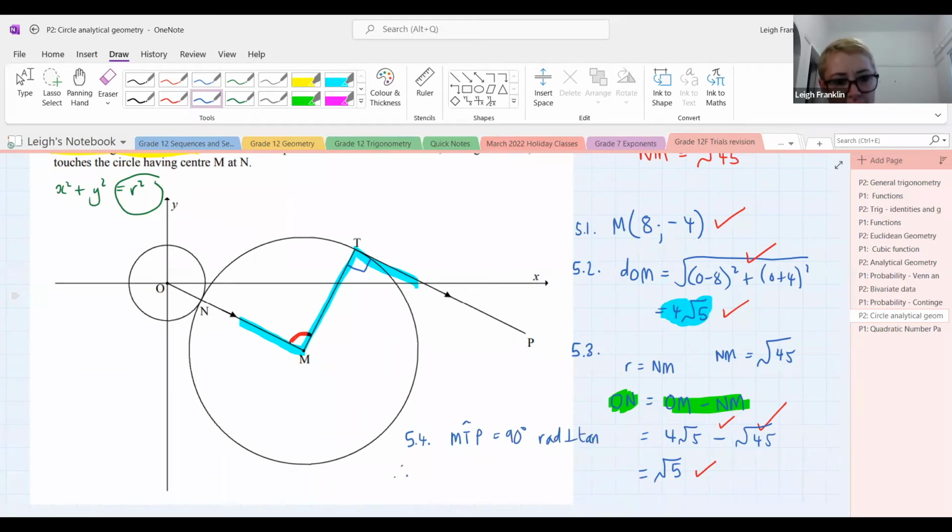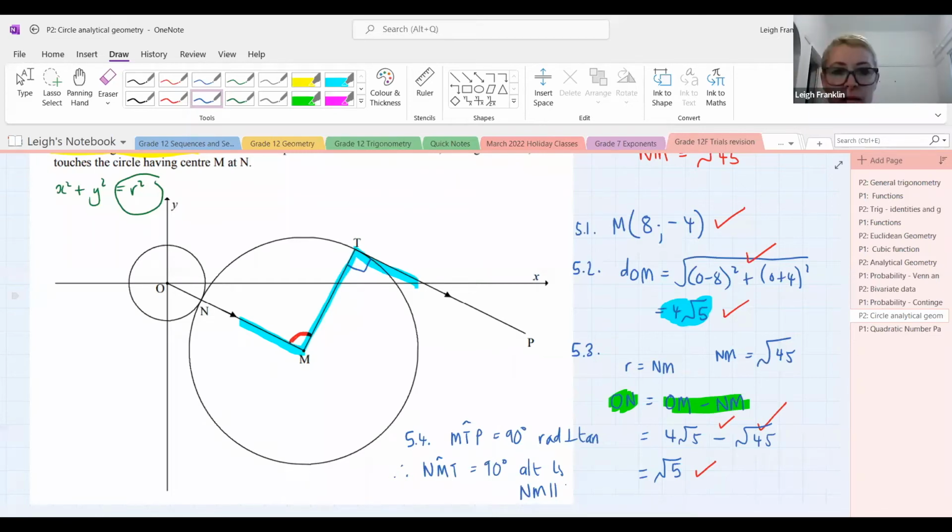Therefore, NMT is equal to 90, and that is because of alternate angles, because NM, or you could say OM if you want to, is parallel to TP.